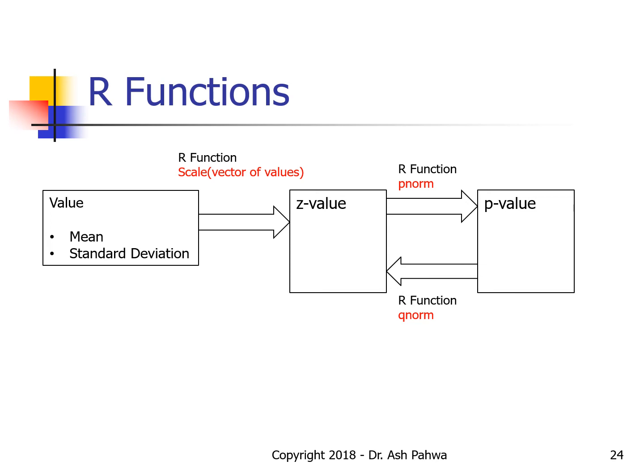So pnorm and qnorm are inverse of each other. No matter which statistical package you use, you're always going to find similar functions by which you can compute the p-value from the z-value and the z-value from the p-value.